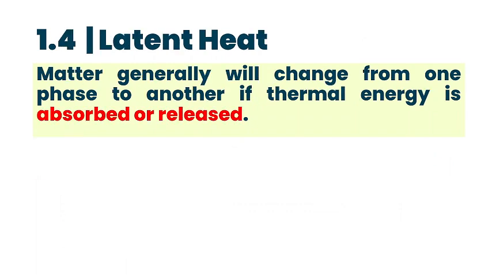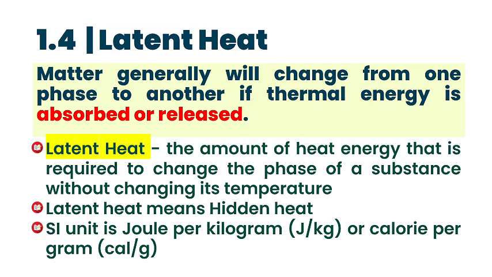Matter generally will change from one phase to another. The condition is if thermal energy is absorbed or released. We've mentioned it already that latent heat is the amount of energy, in particular heat energy, that is required to change the phase of a substance without changing its temperature. Latent is a word that means hidden. So latent heat means hidden heat.